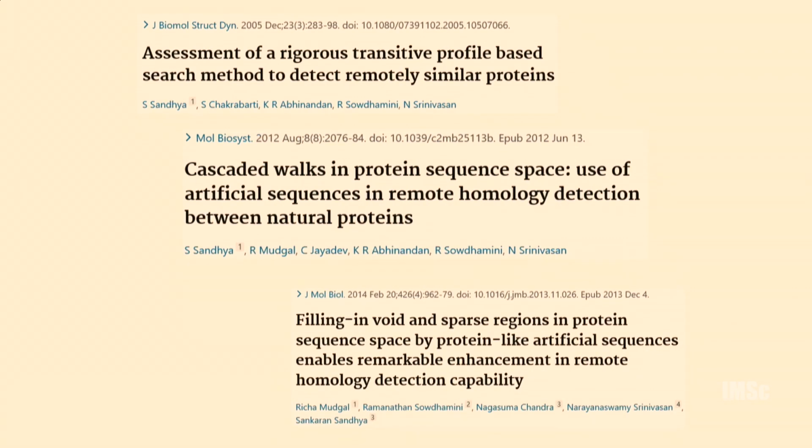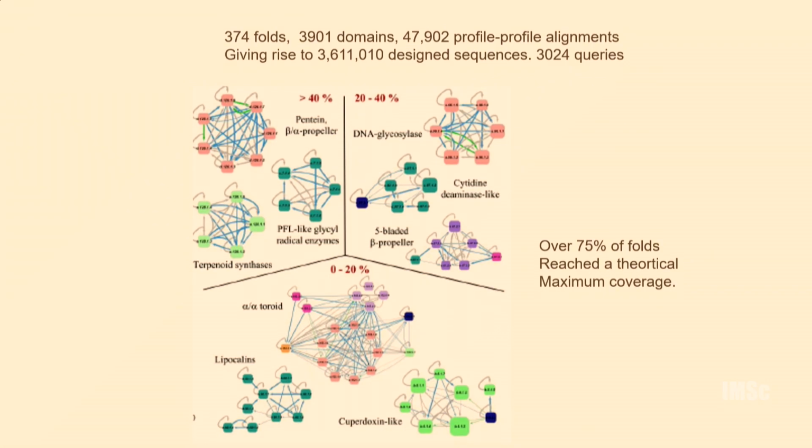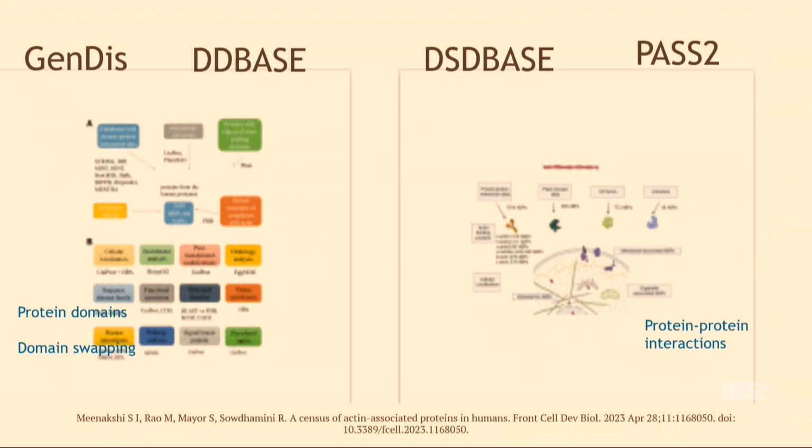I could have talked about that, or I could have talked about a topic like where different folds come in and see each other in these cascaded searches, or using computational tools, say hidden Markov models of protein families, to ask broader questions as to what are all the groups of interacting proteins of a common function, such as our recent work on actin-associated proteins.